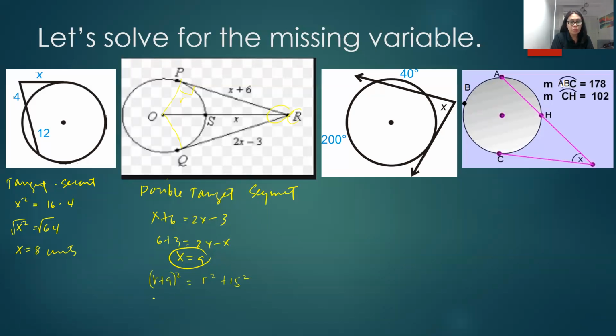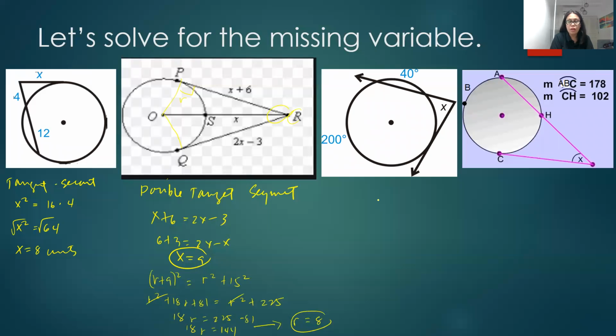Expanding the binomial, we have r squared plus 18r plus 81 equals r squared plus 225. So we have 18r equals 225 minus 81, so 18r equals 144. Dividing both sides by 18, r equals 8.